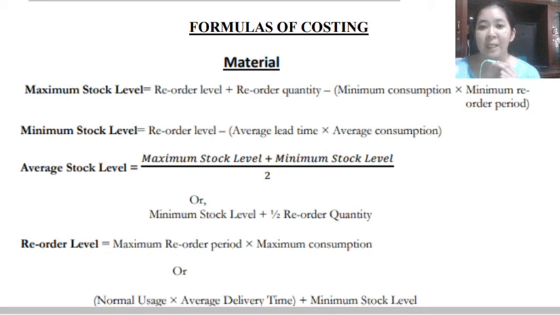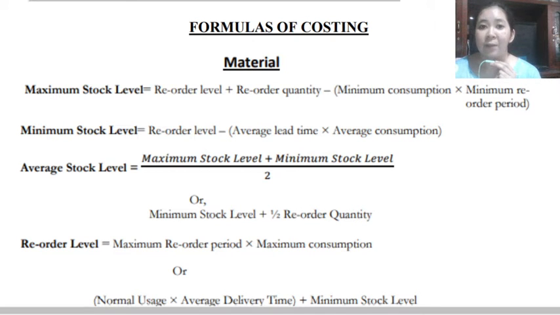So meaning in this level of inventory, this is when the entity should place the order to avoid stock out. So the formula for the minimum stock level is reorder level, so that is the amount of inventory at which the entity should place the order already.